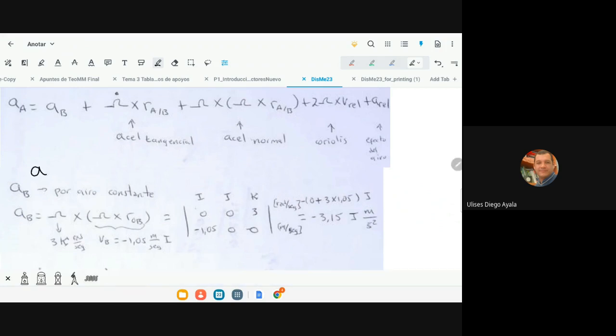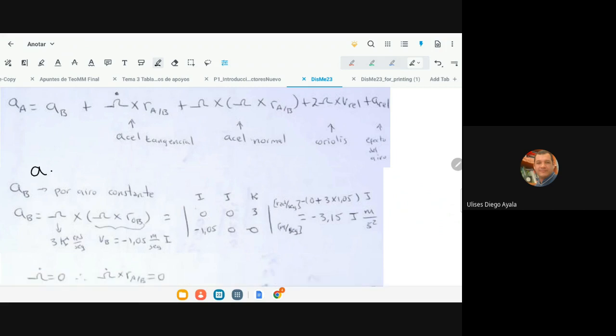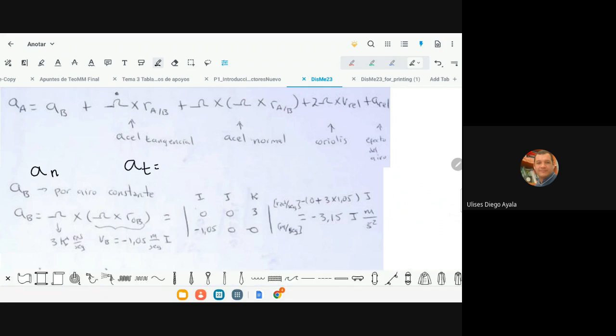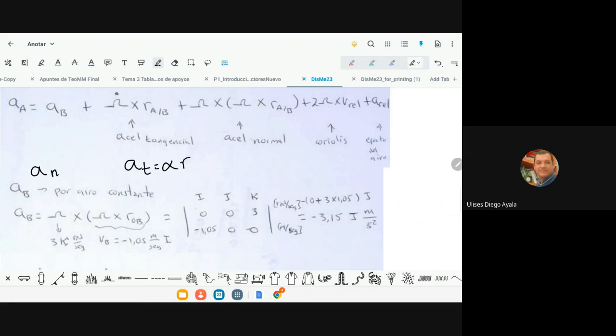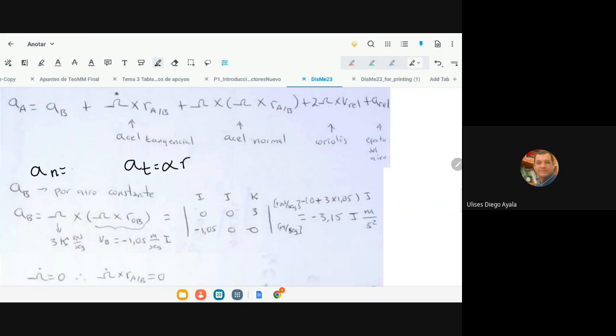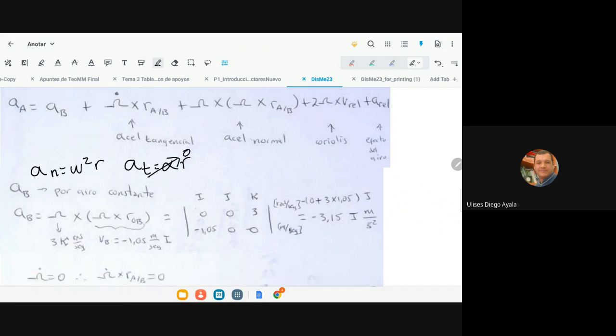There were two typical equations, and one of them was for the tangential acceleration, that's alpha R. And the normal, omega cuadrada R. Because typically this is 0, you don't worry about the tangential one. You worry only about the normal.